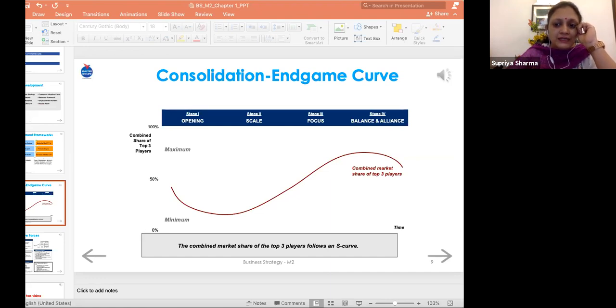So companies will start working on their core business, defending the competitive advantage that you have created in stages 1 and 2.